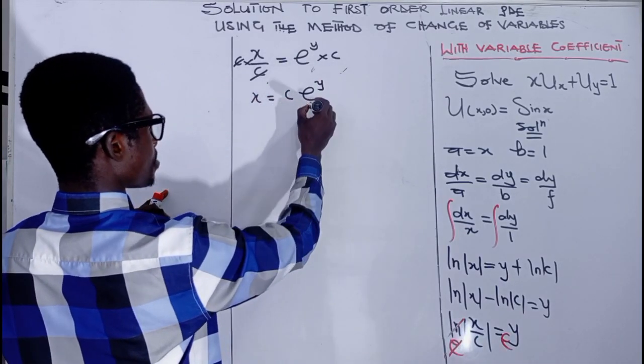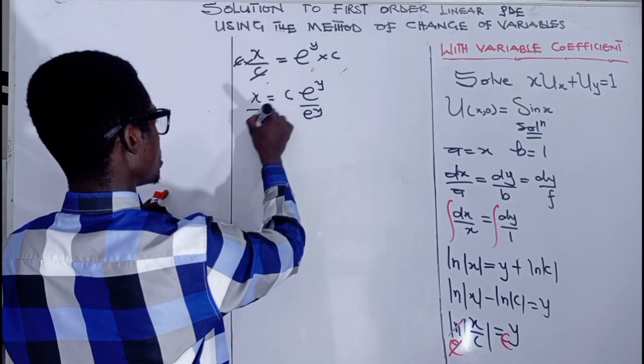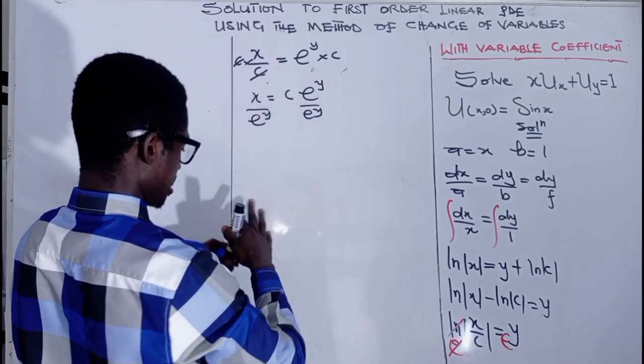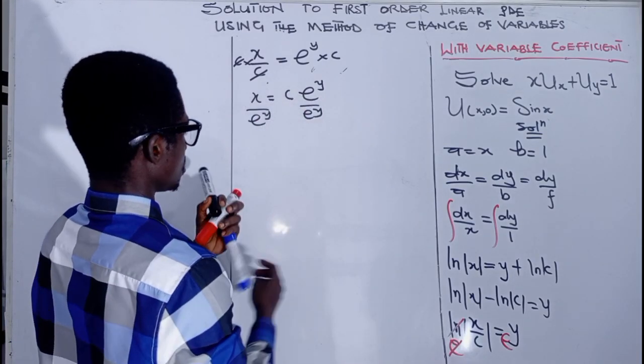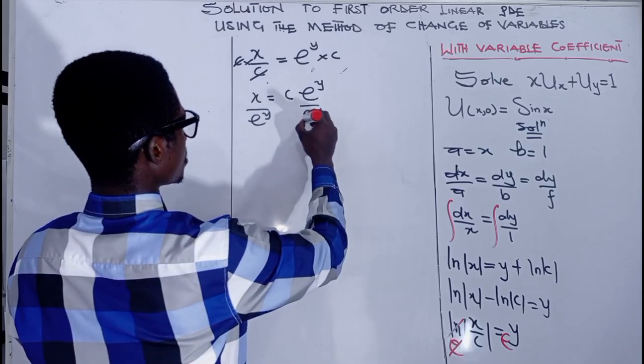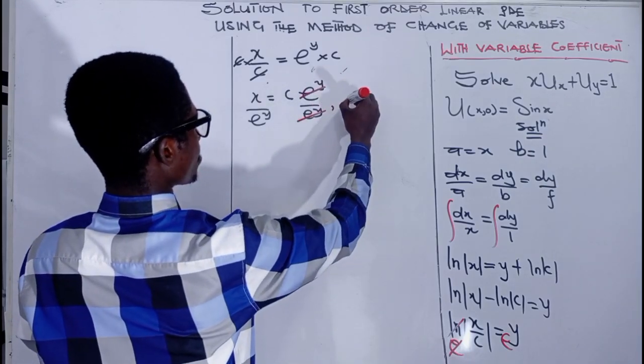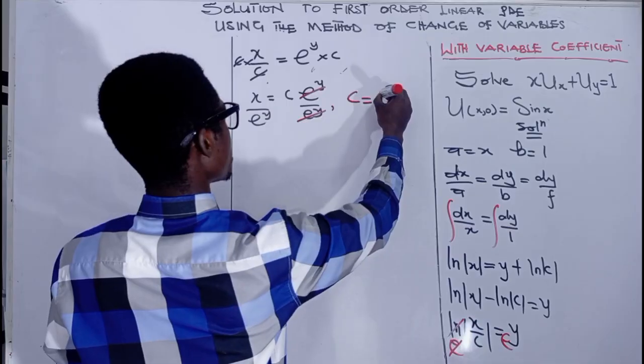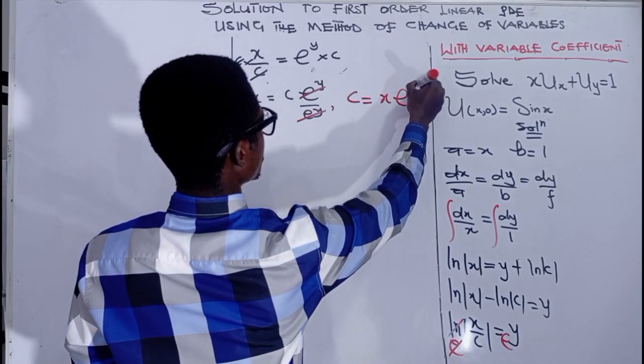Let's divide both sides by e exponent y, so that this will cancel this. We have our c is equal to x e exponent negative y.